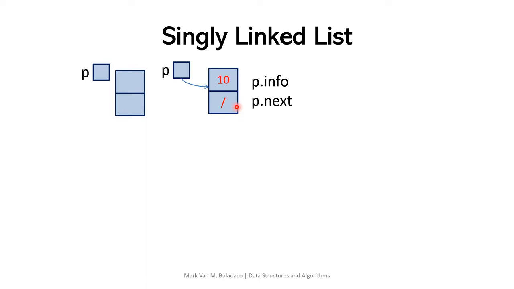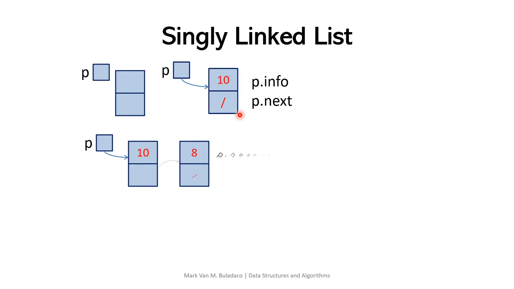As you notice, the next is a forward slash because it doesn't have anything to link with, because it still doesn't have another node next to it. And so if we want to add another node, the next field of the node 10 will point to the information of the next node, which is 8. So this node here is referring to the node right here, which is 8.